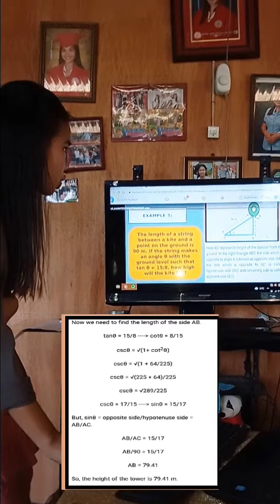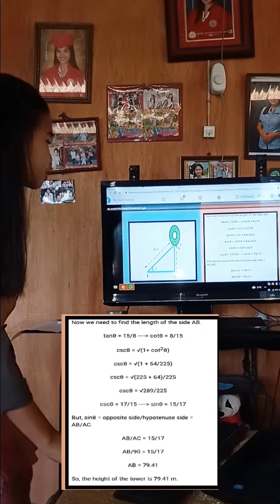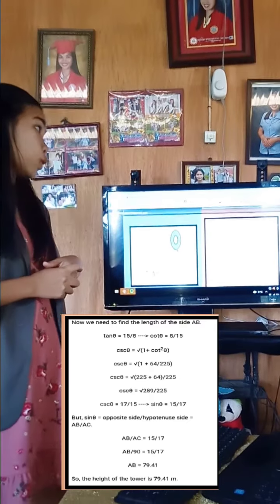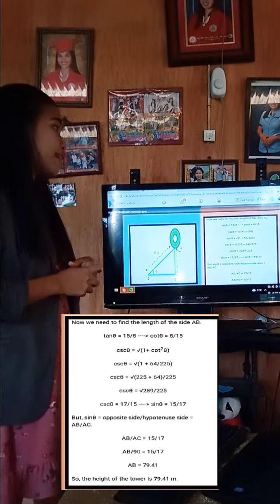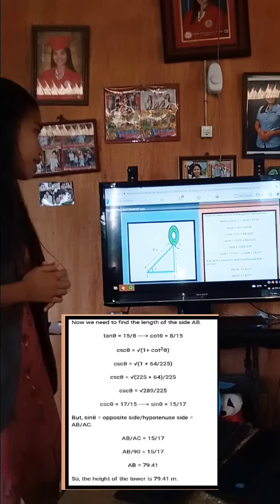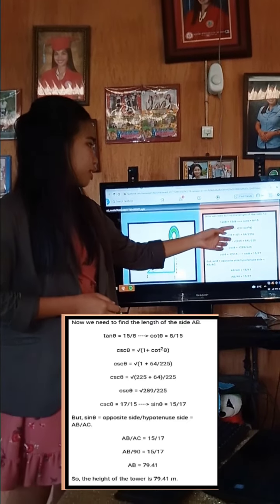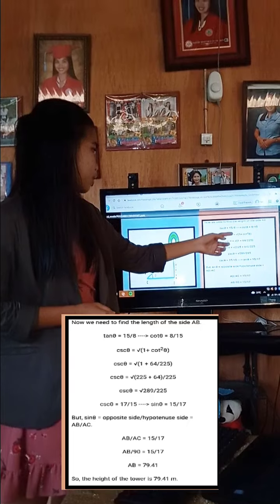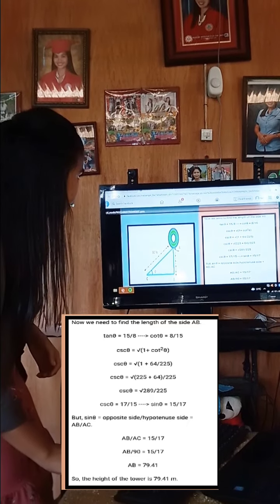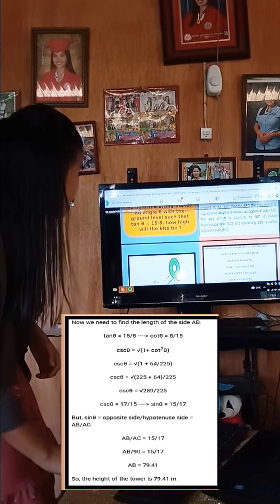So for the solution, we need to find the length of this side AB. For us to find the length of side AB, we are going to use the formula tangent theta equals the value of our tangent theta.